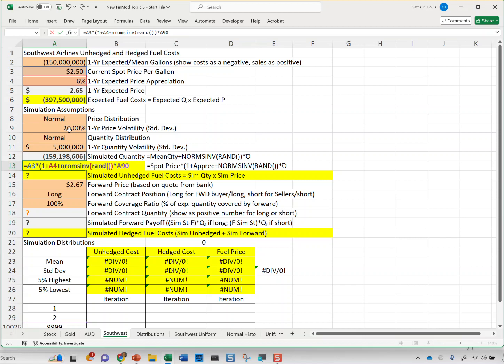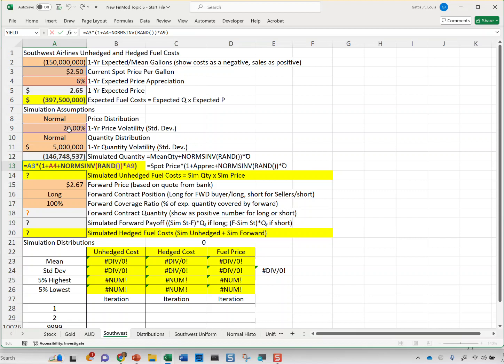Oh, let me check on my brackets here. Oops, misspelled NORM. There we go. So you can again look at this formula here. It's the 250 times 1 plus the appreciation plus a random z times the 20%. And that should be A9. There we go.